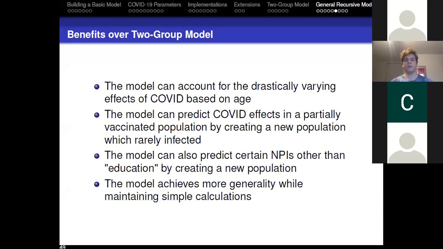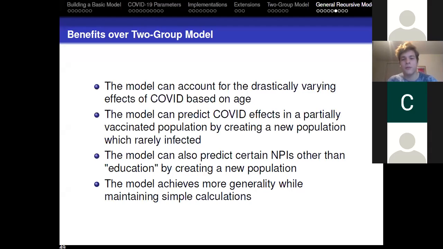Okay, so the reason for making a model more complex is so that you can account for more factors. So this model can account for the drastically varying effects of COVID based on age. And it can also predict the COVID effects in a partially vaccinated population by creating a new population which is rarely infected.